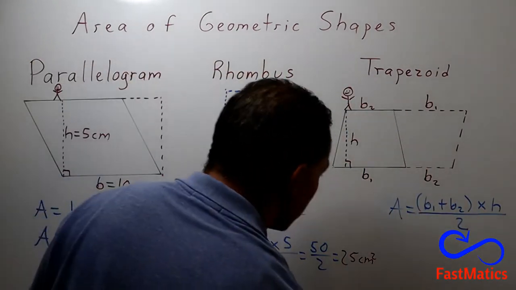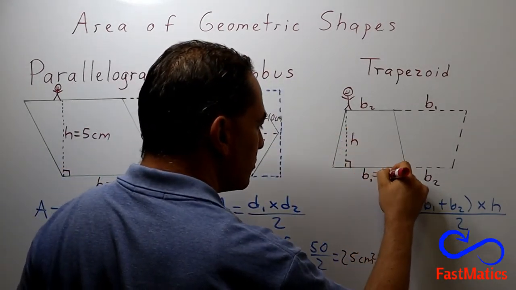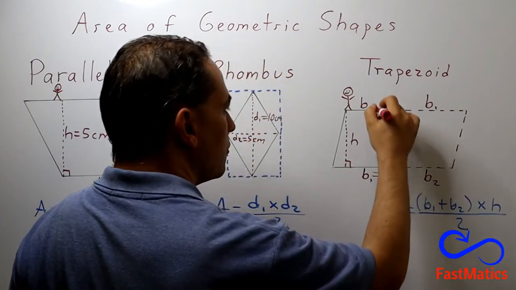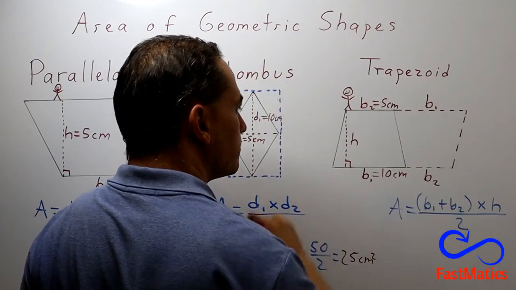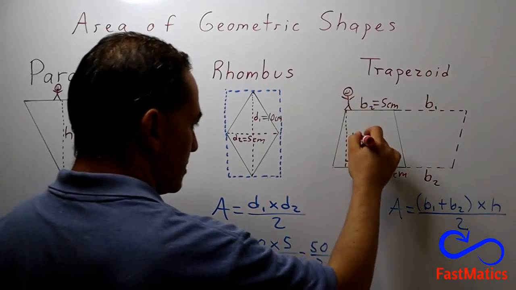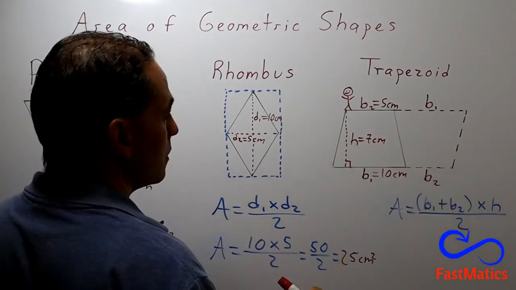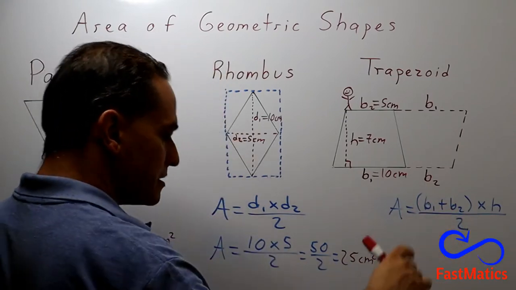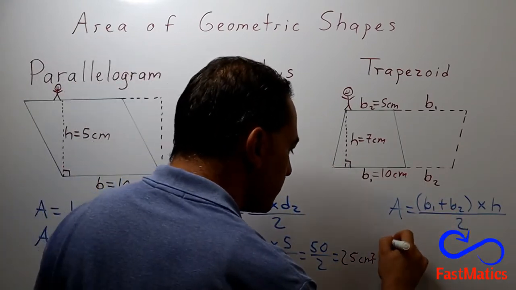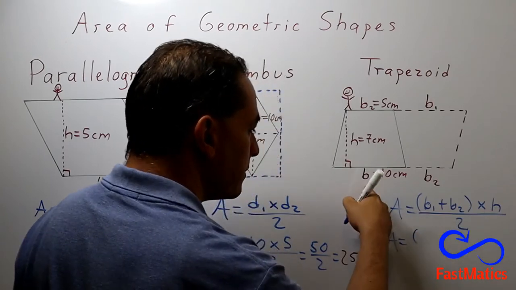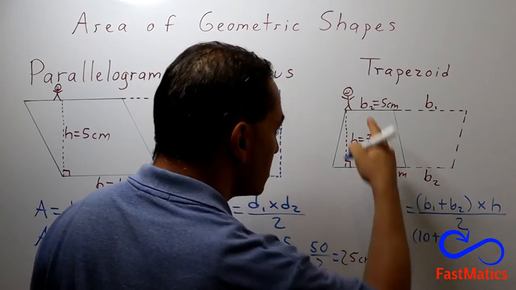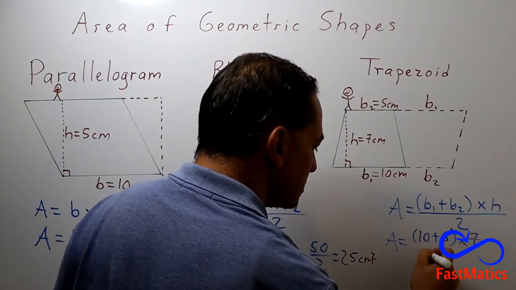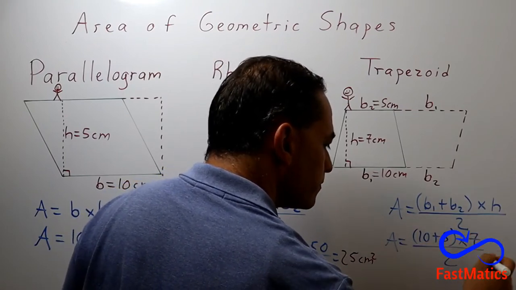For instance, if here we have 10 centimeters, 5 centimeters, 5 centimeters, and 7 centimeters, we are just replacing letters, and that's it. The area will be base 1, 10, plus base 2, 5, times 7 divided by 2.